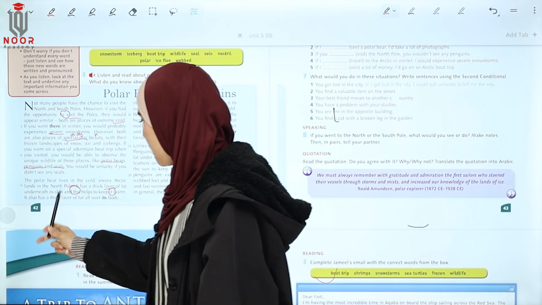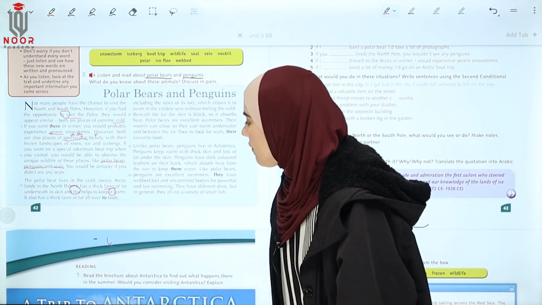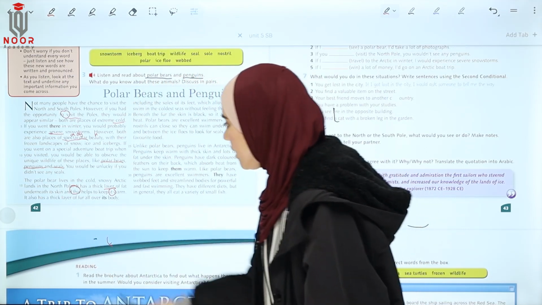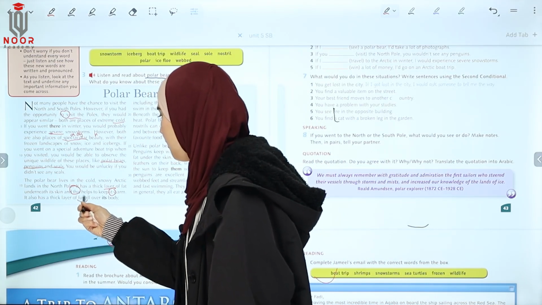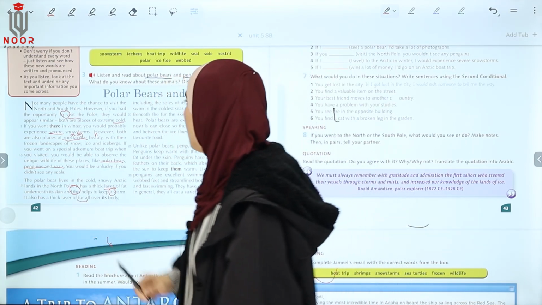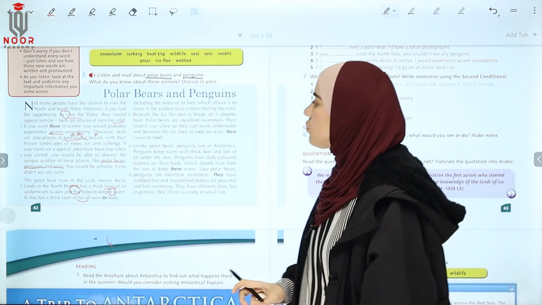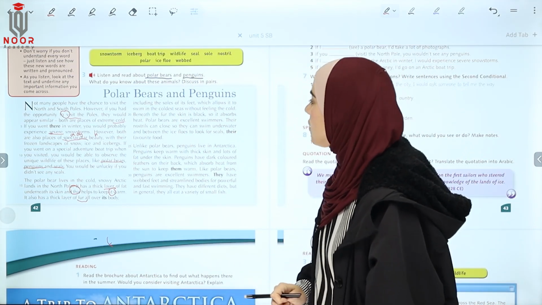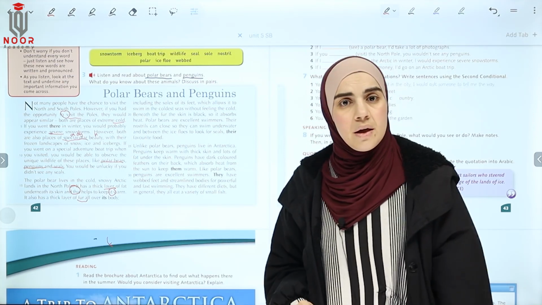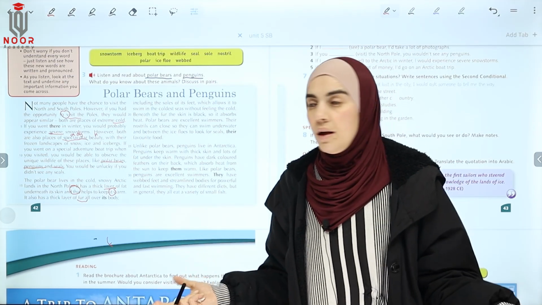Okay, it has also a thick layer of fur all over its body. Very good. So here we have a layer of fat and a layer of fur, including the soles of its feet, which allows it to swim in the coldest seas without feeling the cold. Subhanallah.